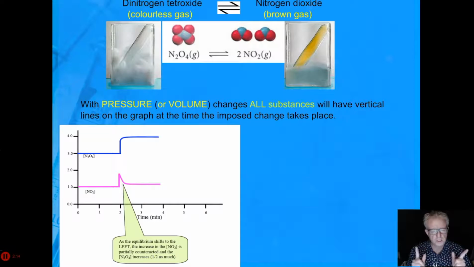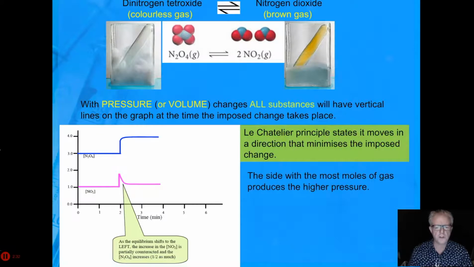And therefore what should be clicking in your brain is pressure. Something's happened to the pressure or the volume. If they're both going up, it means that the volume has been decreased and therefore the pressure is increased, right? And so we can see that both their concentrations have increased.